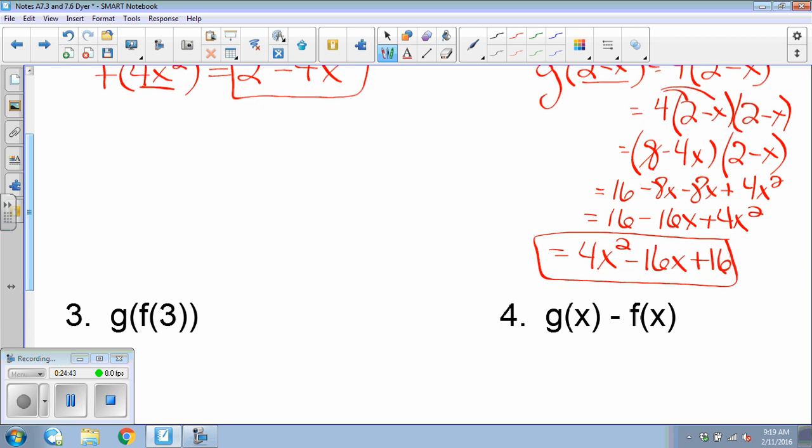So you combine the like terms and then put it in descending order, starting with your highest exponent and working your way down. But make sure when you rearrange those things that you keep the signs what they are.